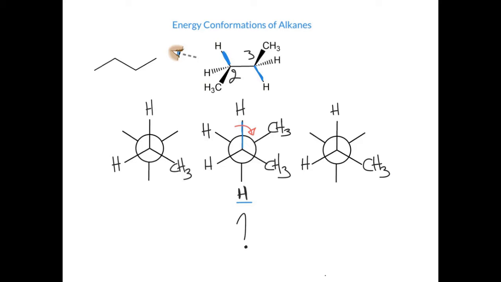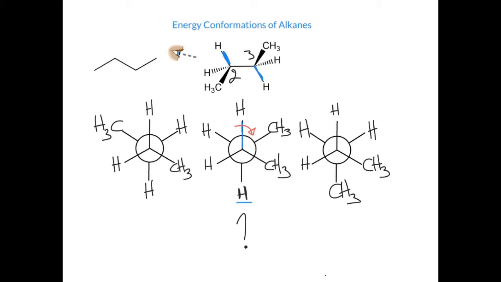In that case, we're going to have a hydrogen up to the right, a methyl group pointing downwards and another hydrogen pointing up to the left, while if we continue rotating the molecule, we're going to have a hydrogen on the bottom, a methyl group on the top left, and another hydrogen on the top right.